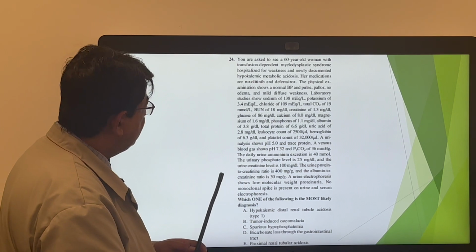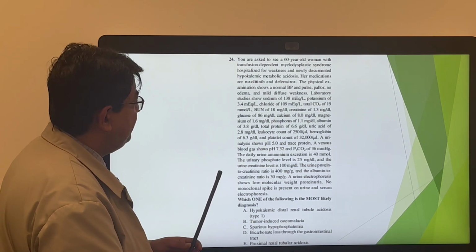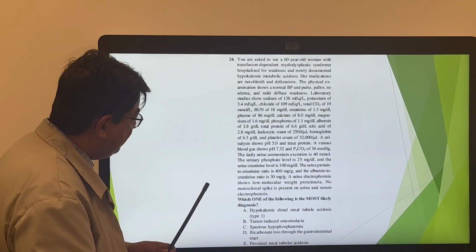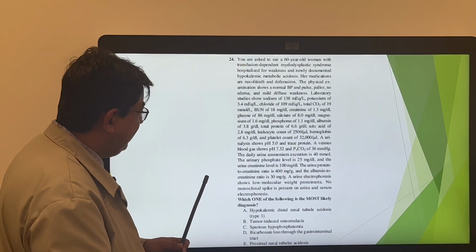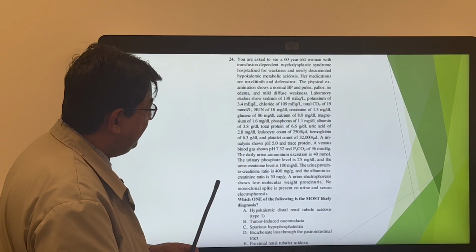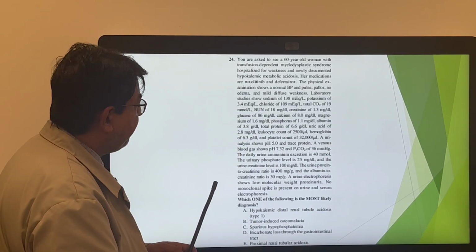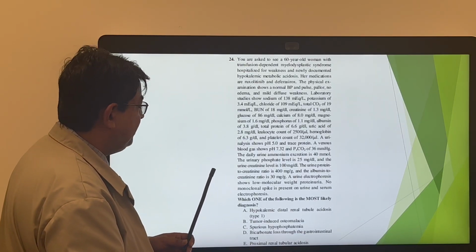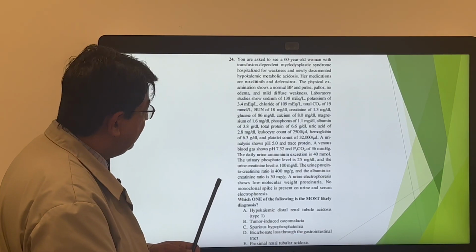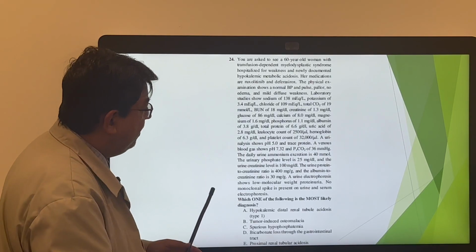A venous blood gas shows pH 7.32 and PCO2 of 36 millimeters of mercury. The daily urine ammonium excretion is 40. The urine phosphate level is 25. Urine creatinine level is 100 milligram per deciliter. The urine protein to creatinine ratio is 400 milligram per gram, and the albumin to creatinine ratio is 30 milligram per gram. A urine electrophoresis shows low molecular weight proteinuria.